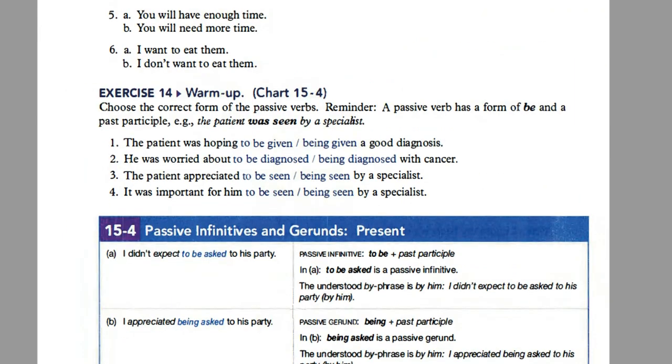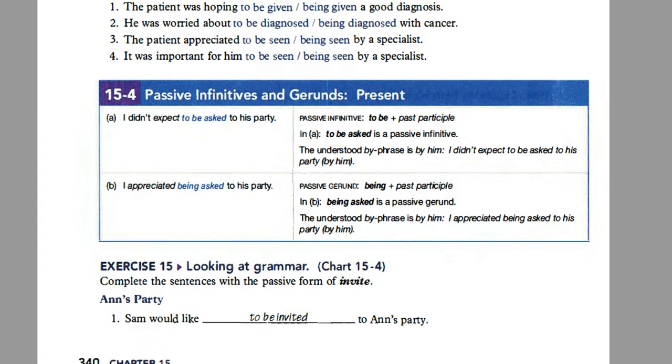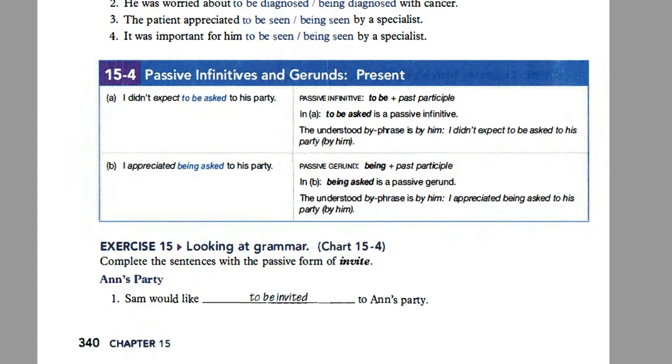Next, we have section 4, passive infinitives and gerunds. Present. I didn't expect to be asked to his party. I appreciated being asked to his party. So you can see two examples, A and B. I didn't expect to be asked.